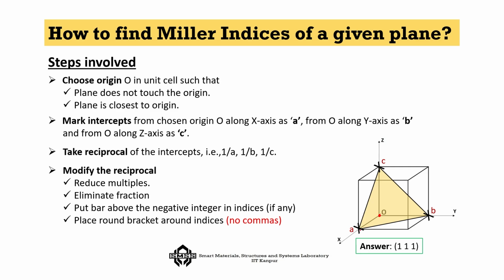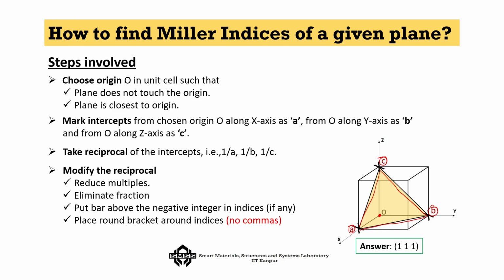Like this is the plane and you can see that the plane is not touching the origin inside the unit cell. However, the plane is closest to the origin. Now, mark intercepts from the chosen origin O along the x axis, which is A, along the y axis, which is B, along the z axis, which is C.